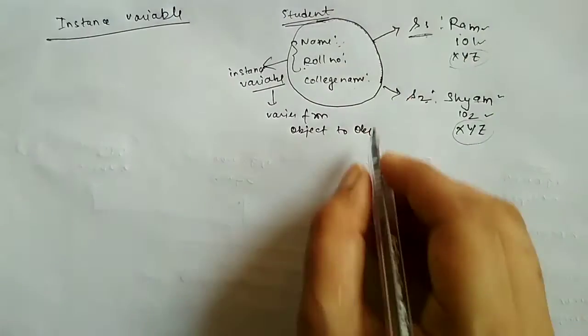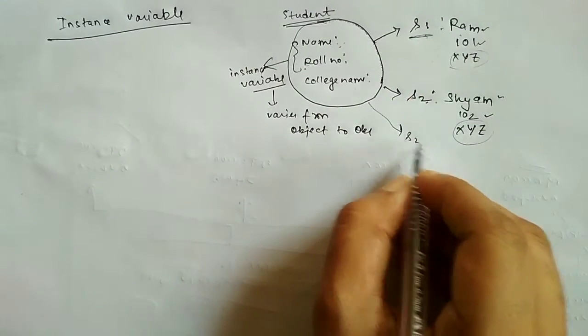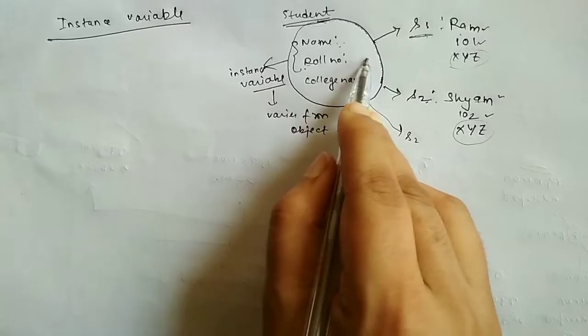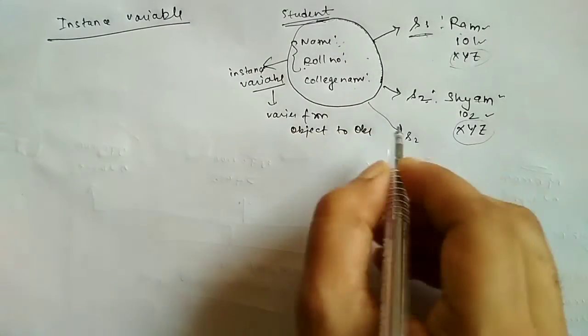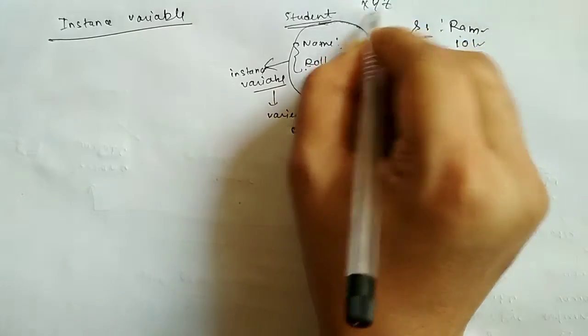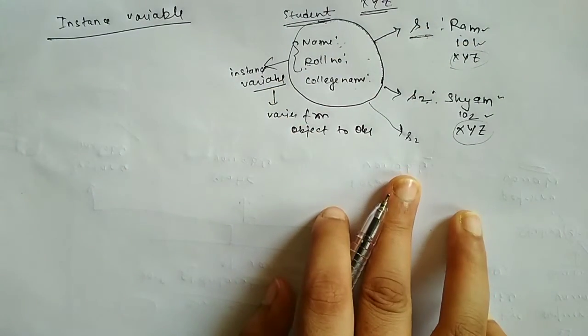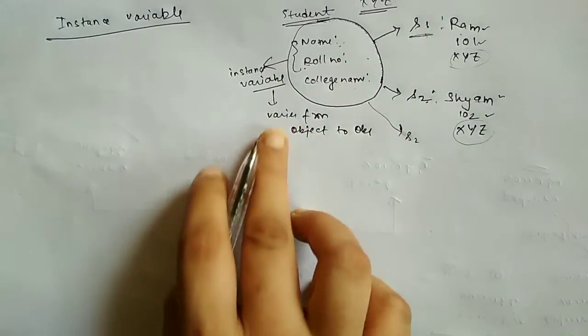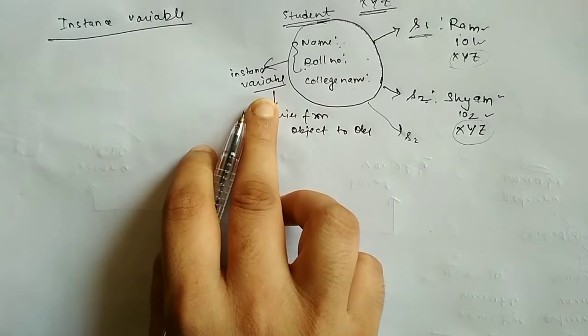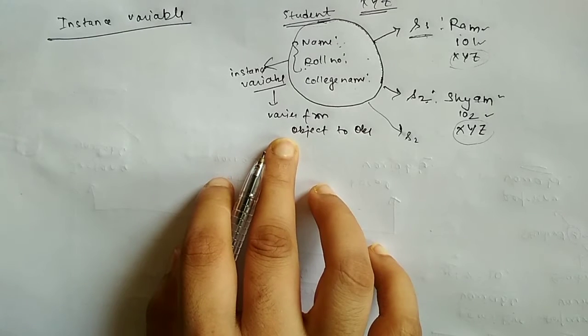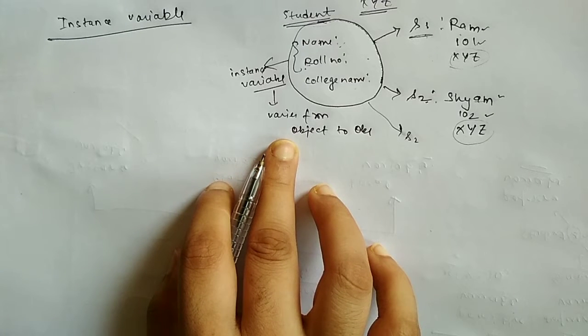Suppose we also created a third object: the name of the student will be different, the roll number will be different, but the college name will be the same as they all belong to the same XYZ college. So here the name and the roll number behave as instance variables as they vary from object to object.